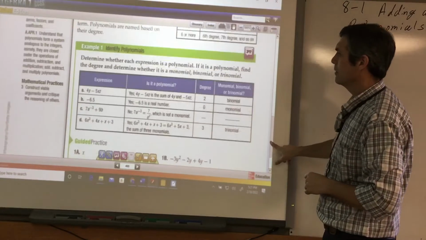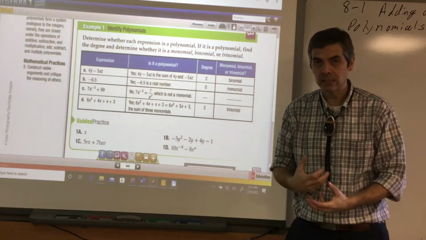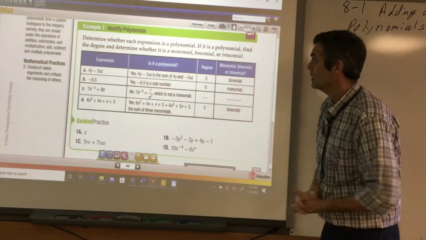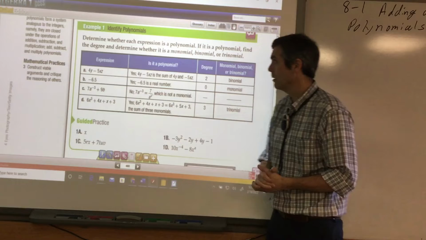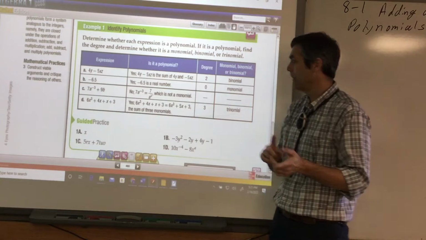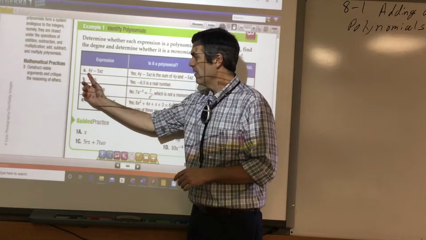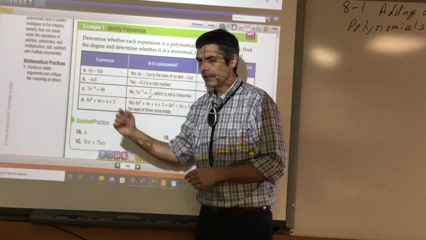And then you come down here, and this is where you're going to have to be able to identify these things. Determine whether each expression is a polynomial. If it is a polynomial, find the degree and determine whether it's a monomial, binomial, or trinomial. So here, we have 4y minus 5xz.